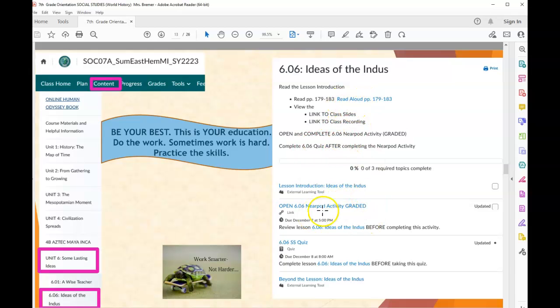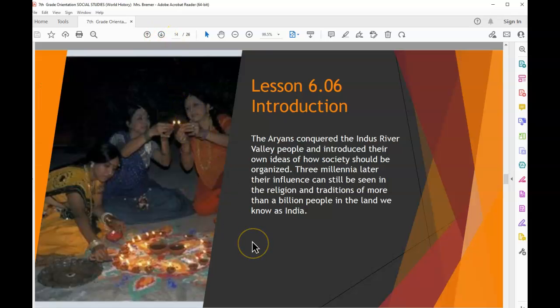Once you finish the reading, go to the Nearpod activity. Then you can check out the quiz. The quiz is worth 3 points. And then if you want, there are some interesting things about yoga in the ideas of the Indus beyond the lesson, if you want to check that out.